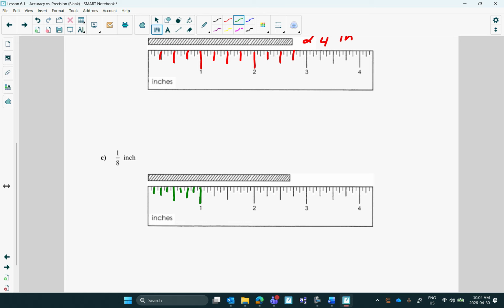So obviously we're at 2, and then we've got 1/8, 2/8, 3/8, 4/8, 5/8, 6/8, 7/8, and then 3. So where am I closest? 2 and 3/8? Oh, I know. 3/8 is here. 5/8 would be. Yeah. Okay.